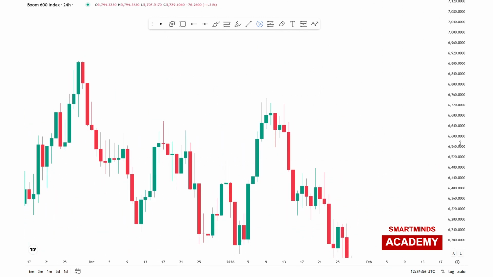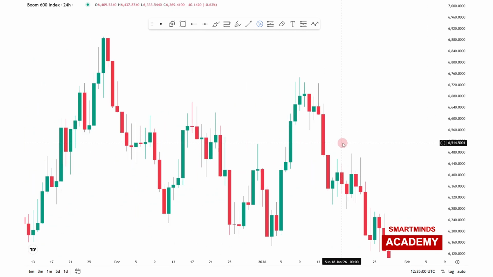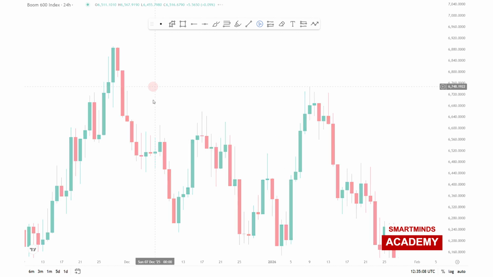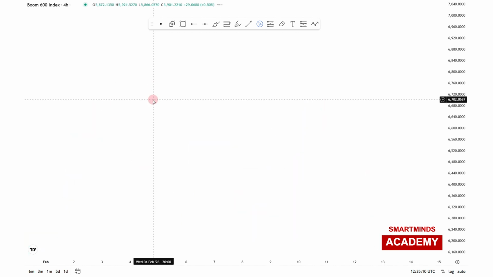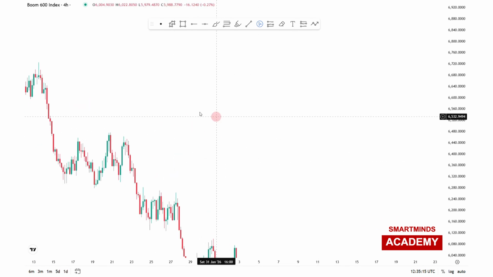And on all of these three setups, we had an entry that didn't give us much problem. So the first one is going to be Boom 600 on 4 hours, if not 2 hours.